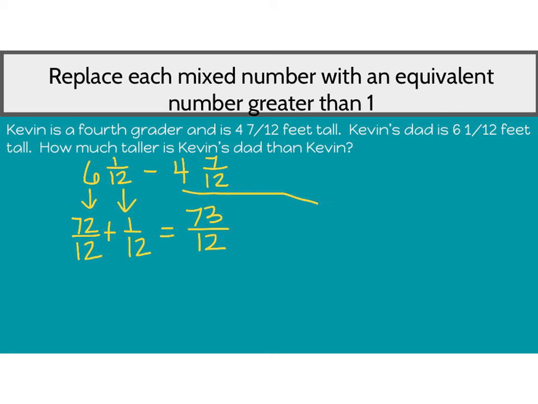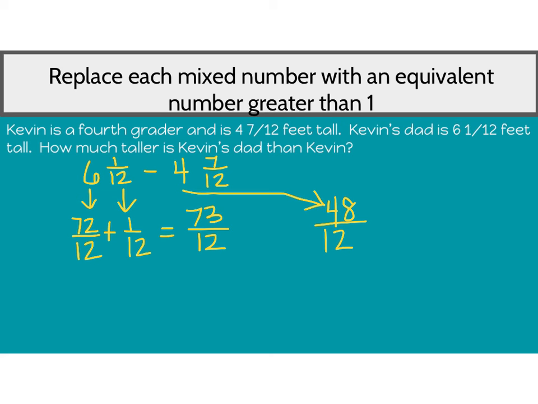We're then going to take the 4 7/12 and turn it into a number that is bigger than 1. So 4, we know we're going to have a denominator of 12. 12 twelfths 4 times is going to be 48 twelfths.